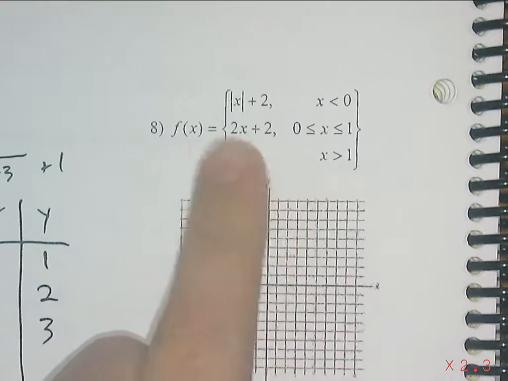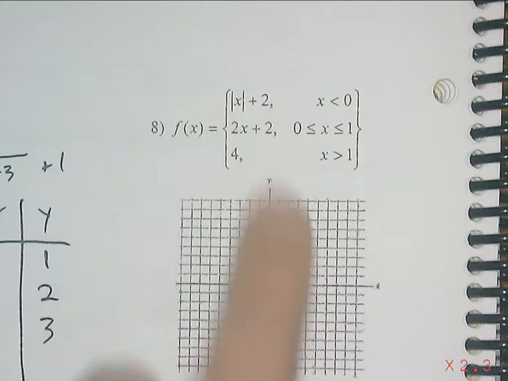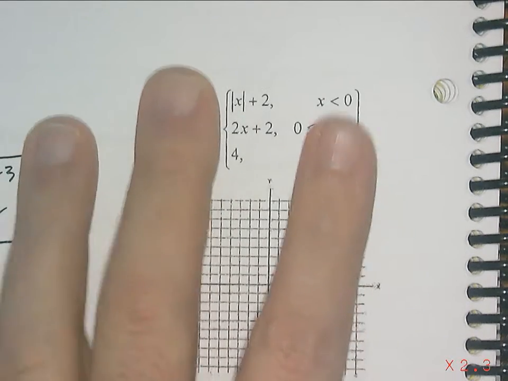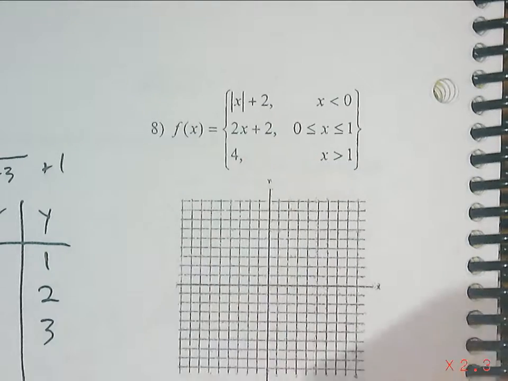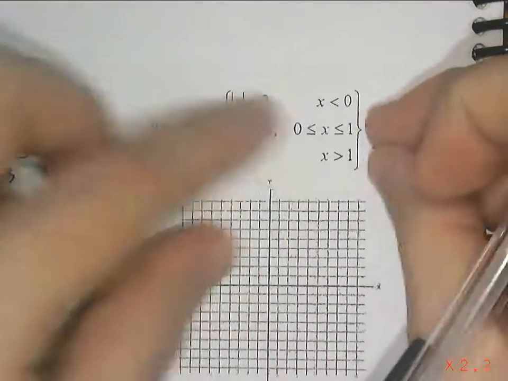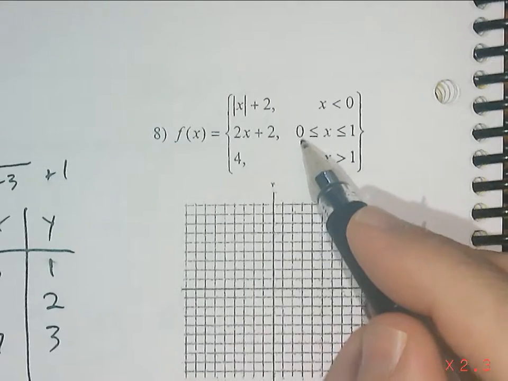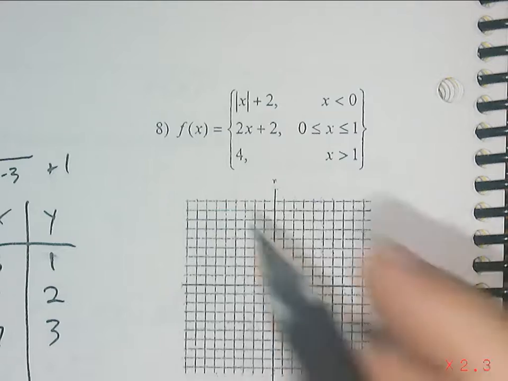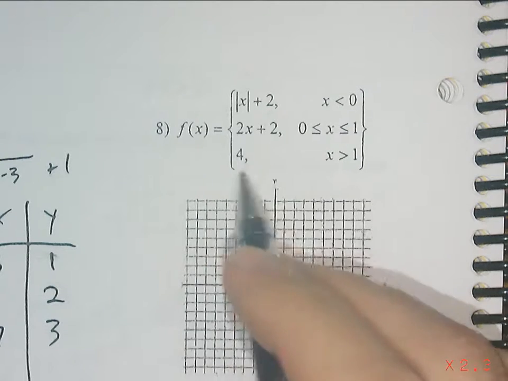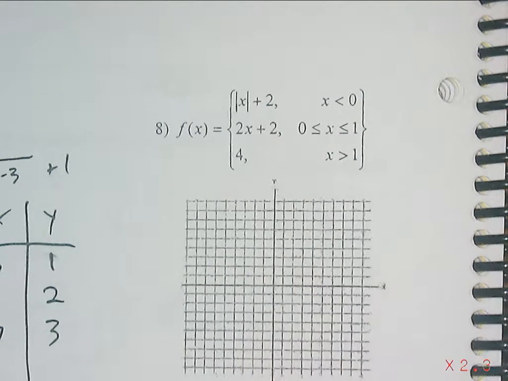Let's do one of these big ones. So I have the absolute value of x plus 2. So that one's going to be all those x values that are less than 0. And then I've got a compound one that's all those values that are from 0 to 1. So like one little stretch. And then f of x equals 4 would be everything greater than 1.